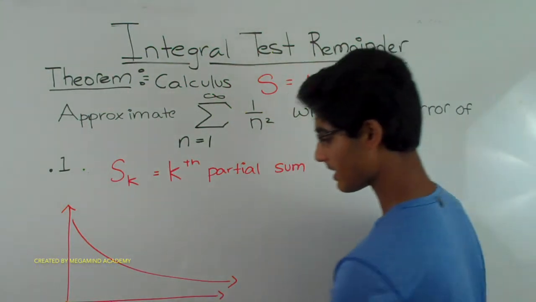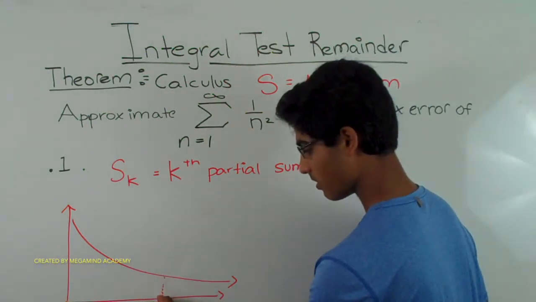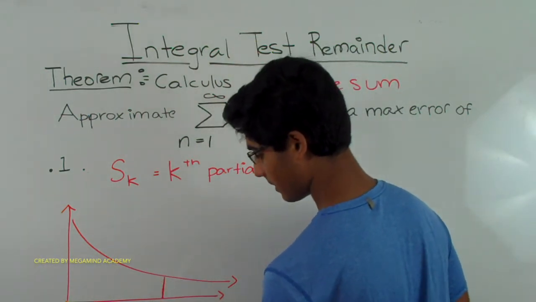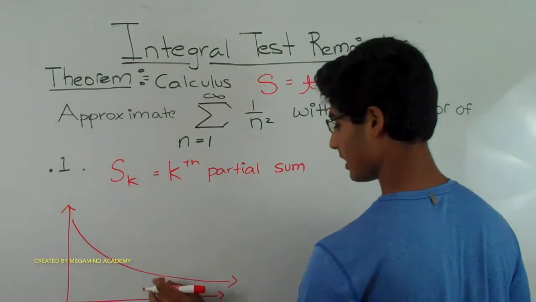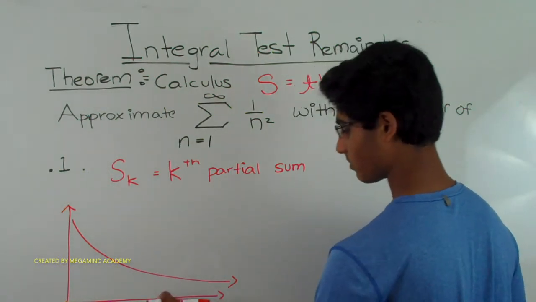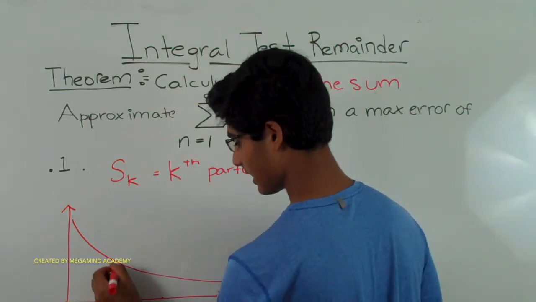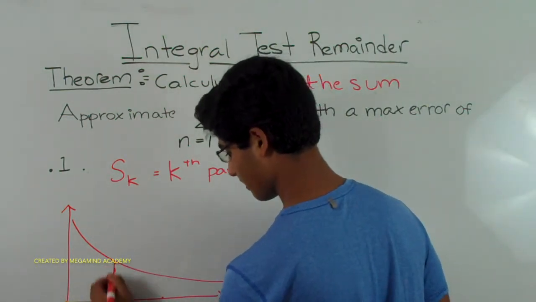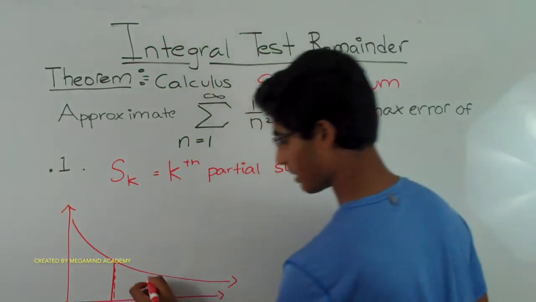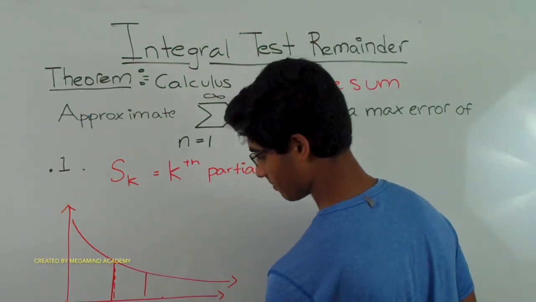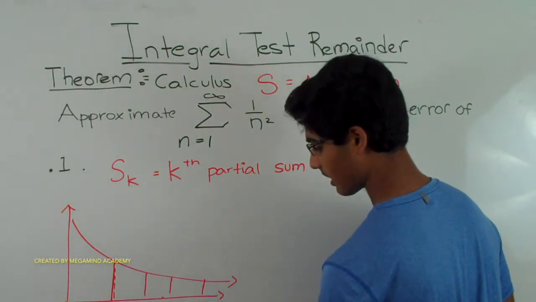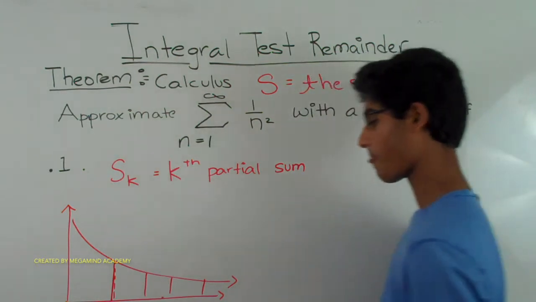Let's say we have these values, and let's say this is the value k. And so we have k plus 1, k plus 2, and k plus 3, and so on.